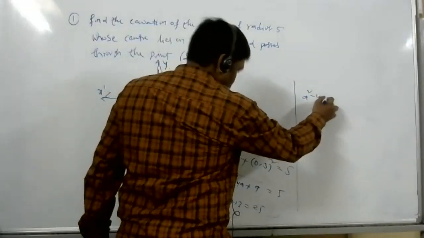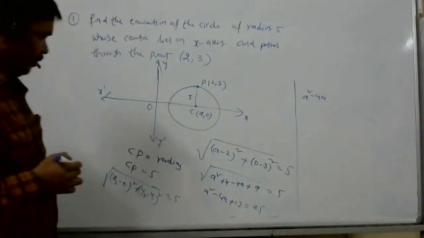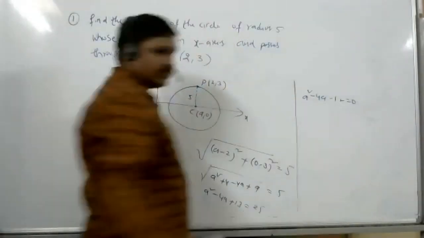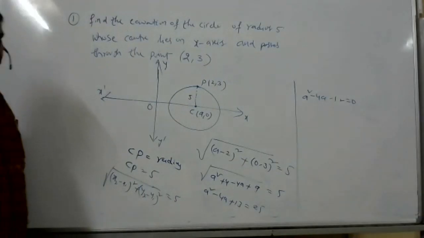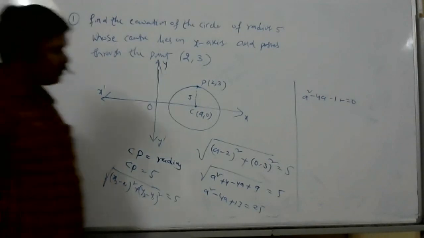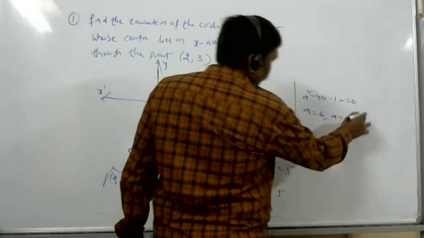So a square minus 4a minus 12 is equal to 0, correct? Then a is equal to 6 or a is equal to -2.